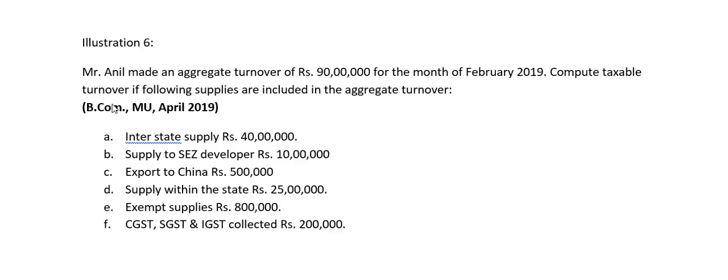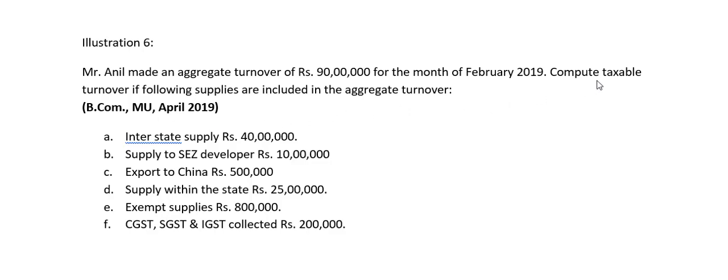Then what is taxable turnover? Out of the given total aggregate turnover, which are those supplies which will attract tax. The most important difference between an aggregate turnover and a taxable turnover is that aggregate turnover does not differentiate between whether a supply is a taxable supply or a non-taxable supply.